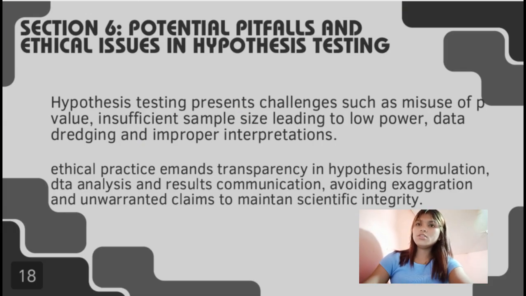These issues can lead to incorrect conclusions. Ethical issues arise when researchers fail to be transparent about their methods, exaggerate findings, or make claims not supported by the data. Scientific integrity requires honesty in how hypotheses are formed, how data is analyzed, and how results are reported.